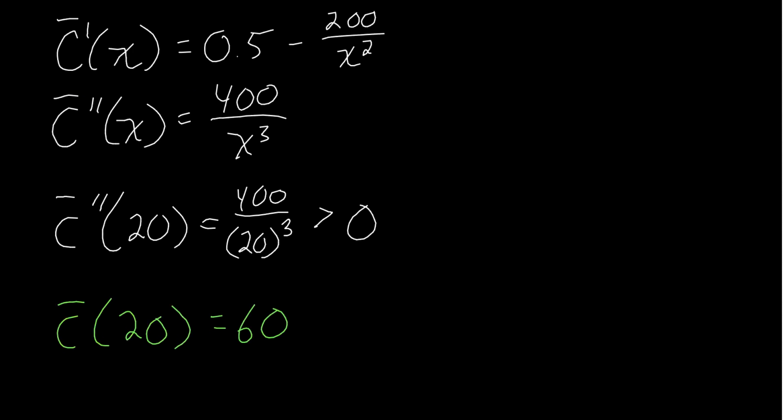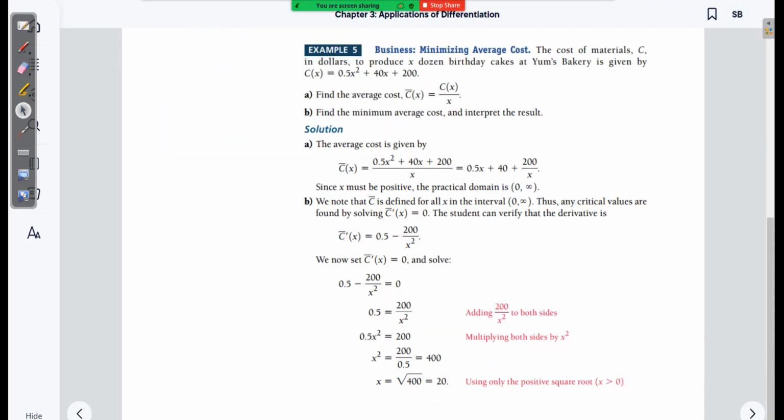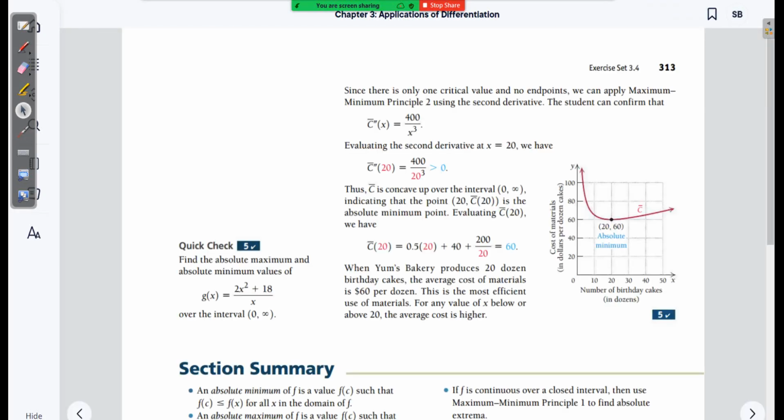And what does this mean? Well, it means that is the minimum amount of baking materials, 20 dozen, that I should make to maximize my profit. And let's go ahead and snip the graph.